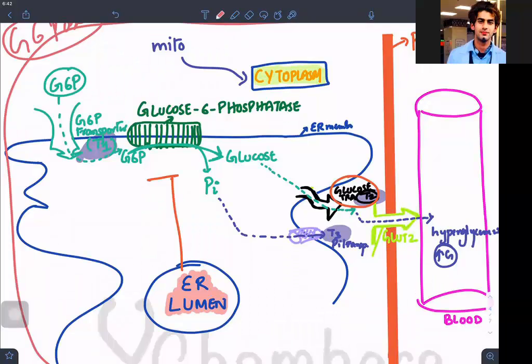This glucose will finally cross the GLUT2 transporter and reach the blood, causing hyperglycemia or increased glucose level, which is required in gluconeogenesis.